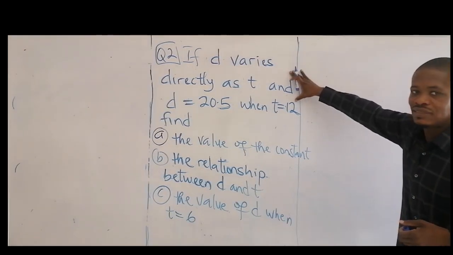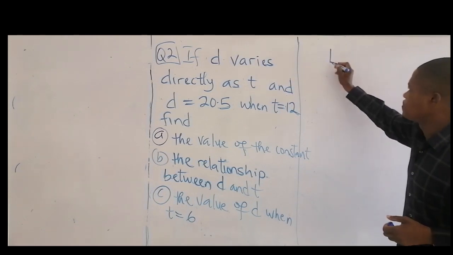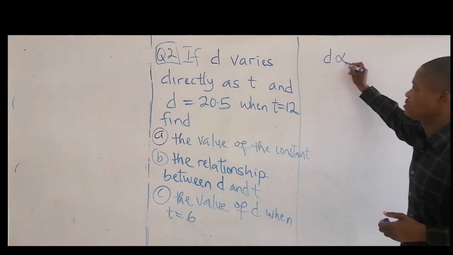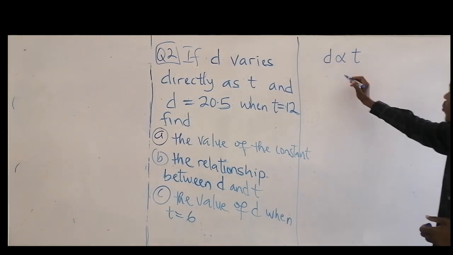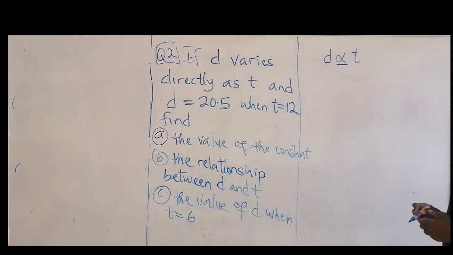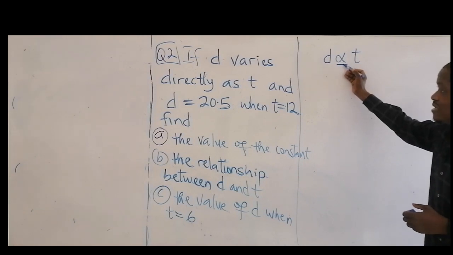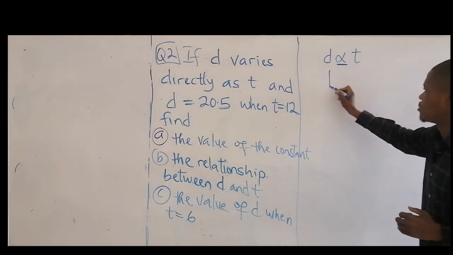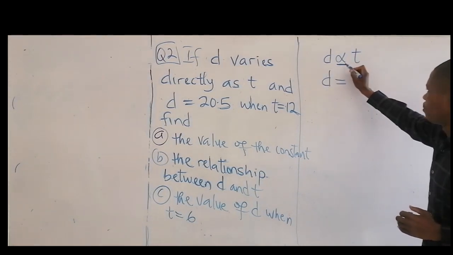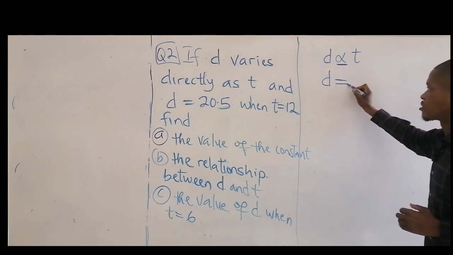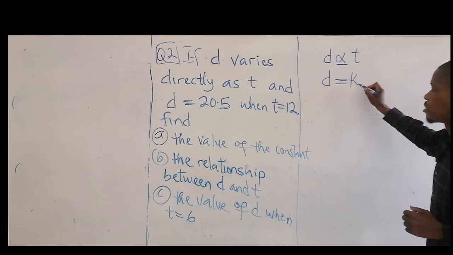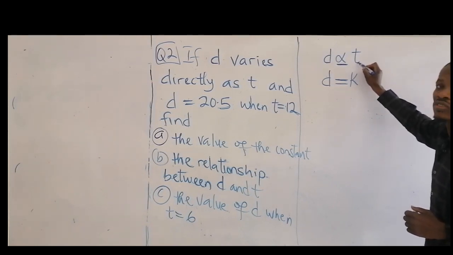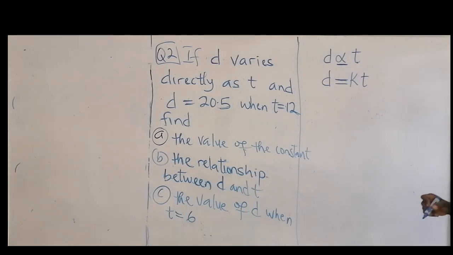Write the statement mathematically: d varies directly as t. After that interpretation, we remove the proportional symbol, and d will be equal to k, the constant of proportionality, times t. That's the first thing to do.